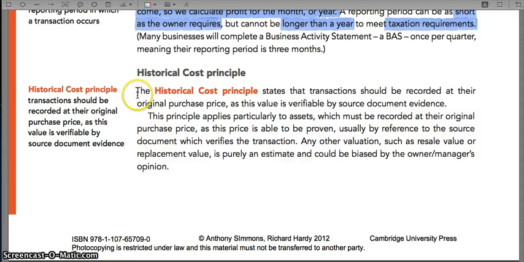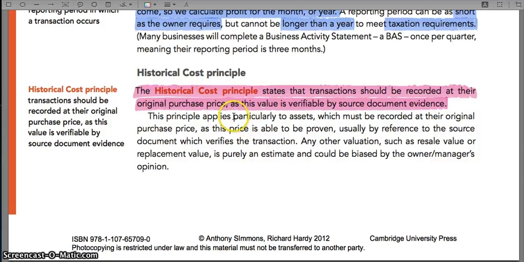Historical cost is a principle that is quite heavily tested. It's often brought up in exams and SACs as well. The historical cost principle states that transactions should be recorded at the original purchase price, as this value is verifiable by the source document evidence. So this is all about being able to produce reliable information, which we'll talk about a little bit later.